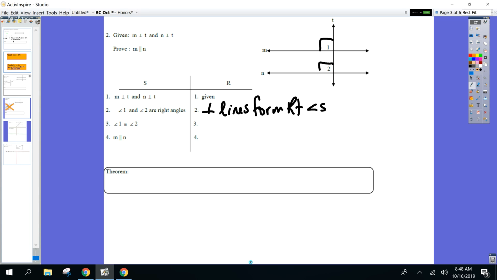Okay, if they're right angles, then why are they congruent? All right angles. There you go. All right angles are congruent. Again, I'm not writing anything new up here for you guys.